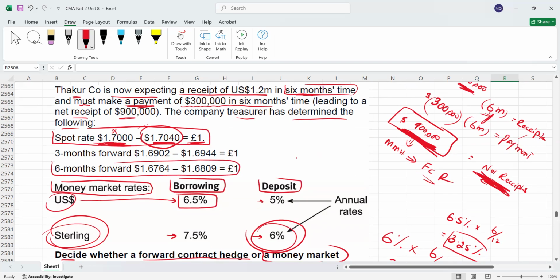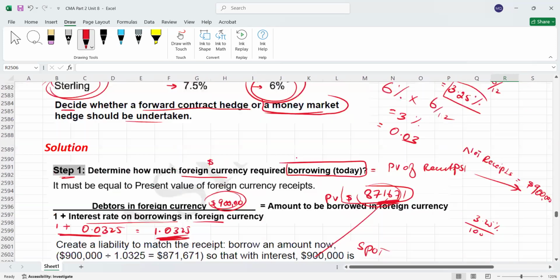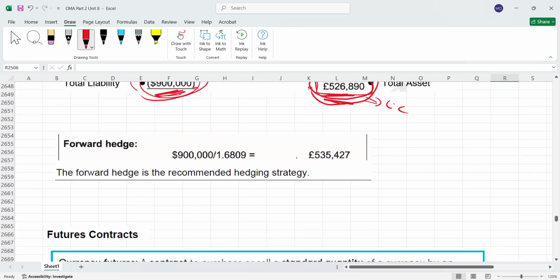If you use forward contracts, we will lock this rate, and this $900,000 we will sell in 6 months time to the bank, because again division will apply because dollar is the first currency in this quote. Division will apply, and I want to sell dollars, the bank will buy dollars. Whenever division is applied, the bank buys at the high rate, and this is the high rate. So this rate you will use for FRA, $1.6809 per pound. So if you are using FRA, you will take the foreign currency net receipt, which is 900,000, divided by 1.6809. So this will give you this much pound.